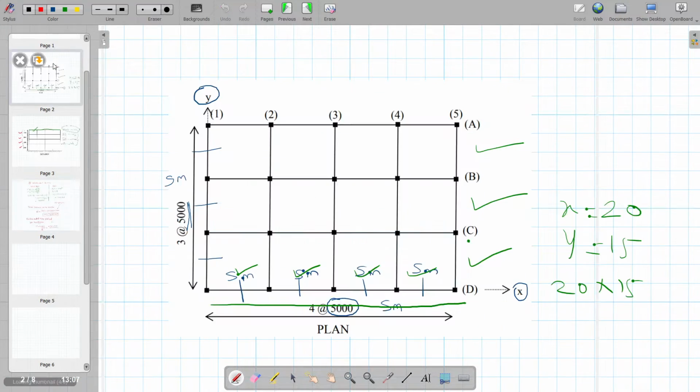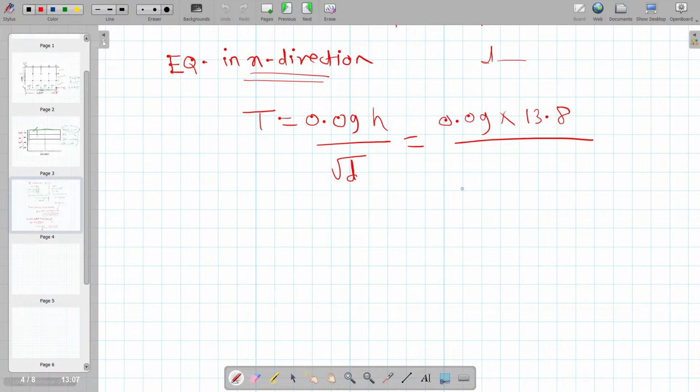So just go to the plan. In plan, check the x direction distance from this to this. So we know that this is 20 meter. Okay, so we will use here d as a base dimension 20.